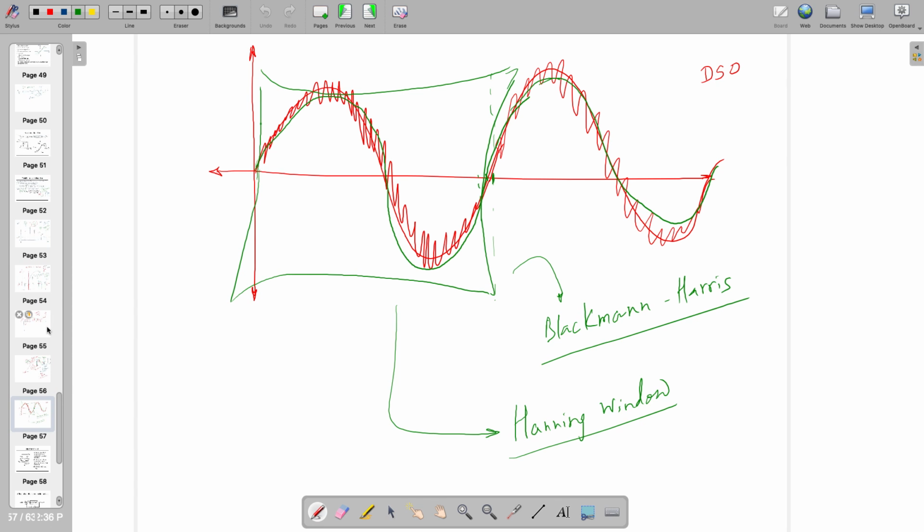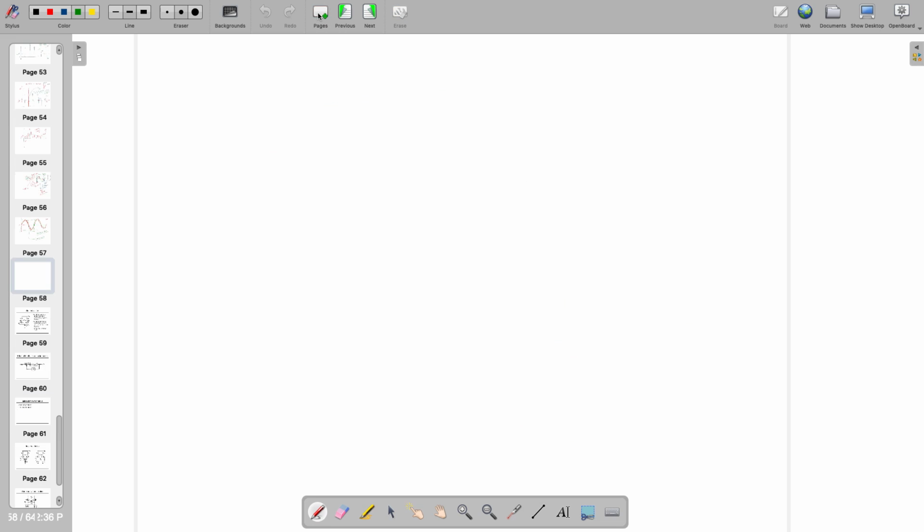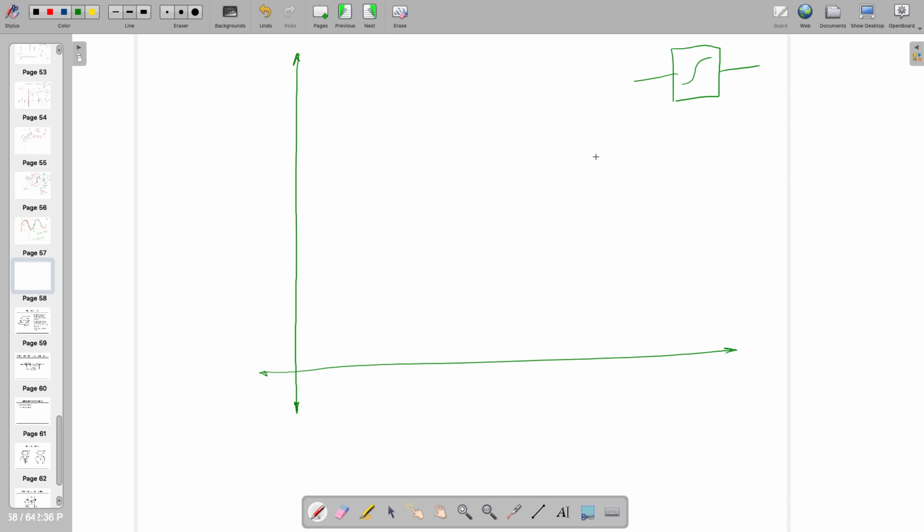Okay. Other than that, if you are passing your circuit through a non-linear device, you are going to observe harmonics.